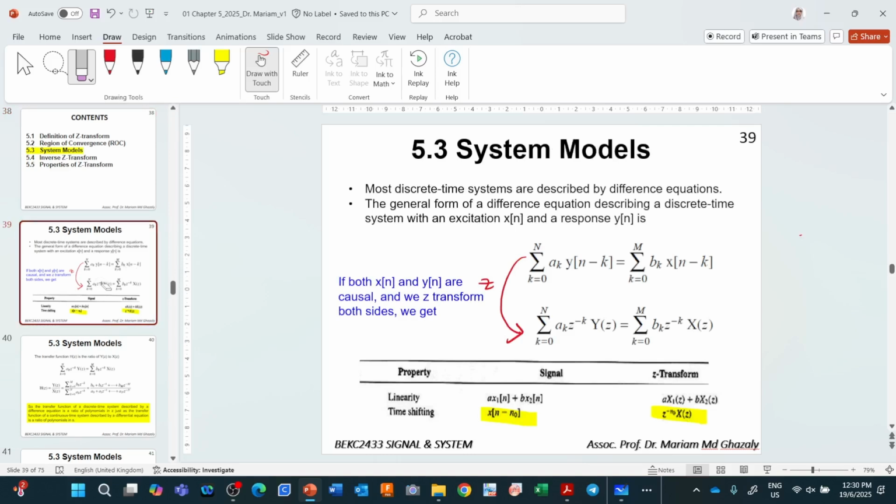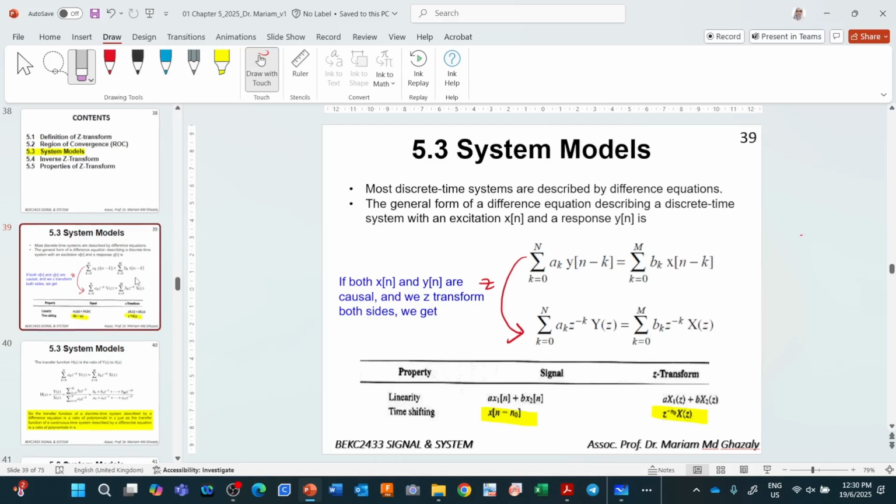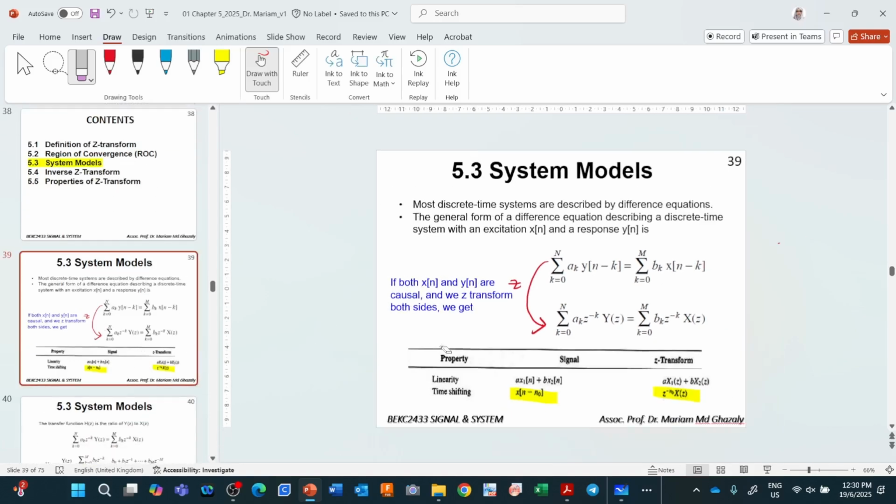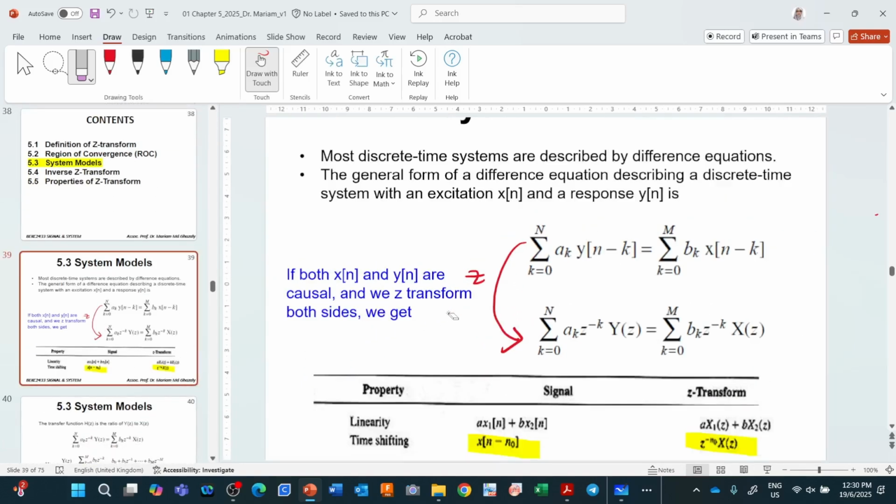So if you look at this slide, it says here that most discrete time systems are described by difference equations. So just now in the exercise, we wrote it in the discrete time domain as a difference equation y[n].